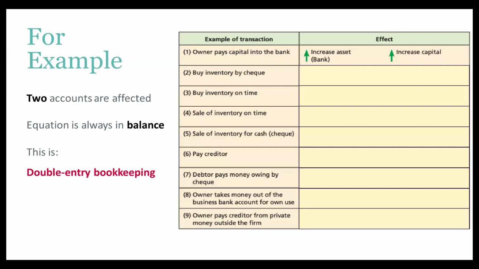The buyer will buy it on credit, yeah? So what will that do to our assets? Our assets will decrease, isn't it? Because we are selling the inventories. And our trade receivables, which is a liability, will increase.